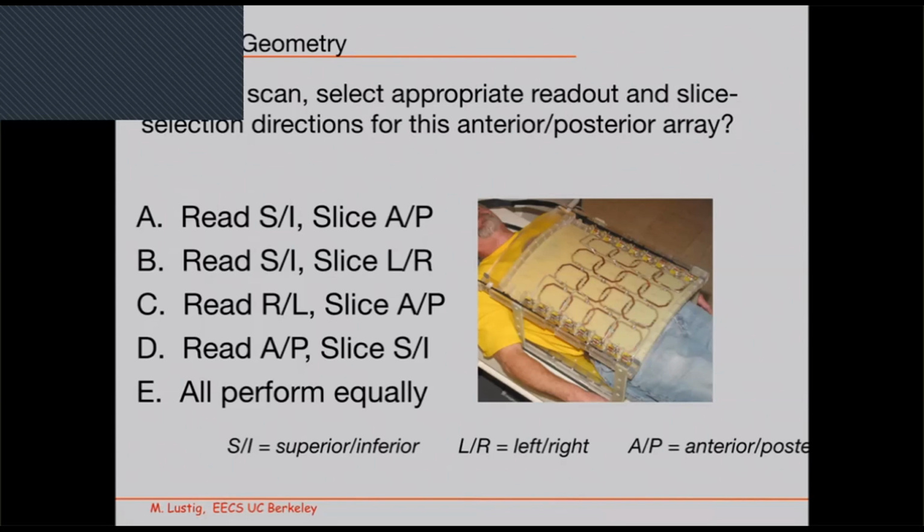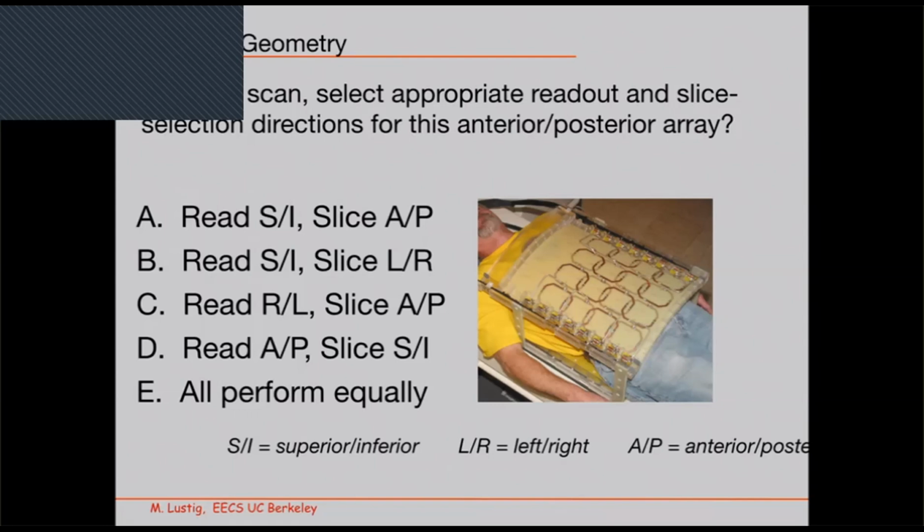From an acceleration point of view, D would be perfect, because you would read anterior posterior. So now you'll have effectively 16 channels that vary along the phase encode directions. It's like you have basically 4 by 4 in the directions that you are undersampling.